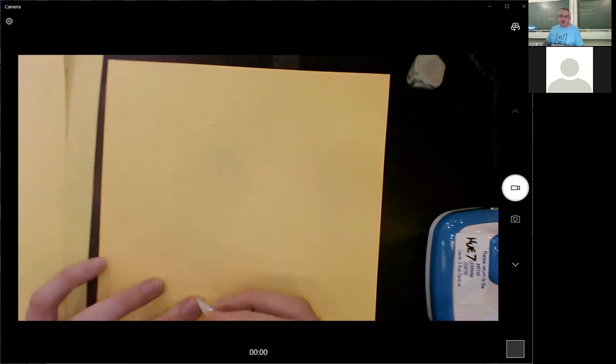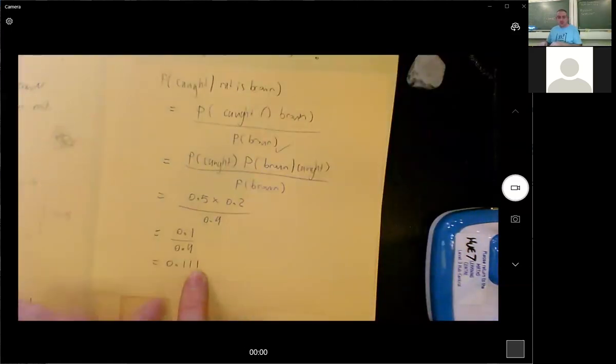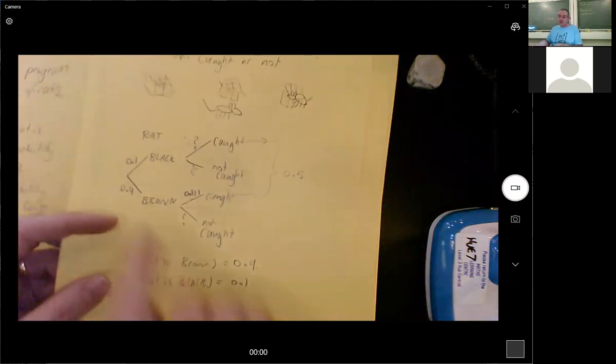I could have done it as a Venn diagram. Is this the correct answer? Right. So I was making it more complicated than it needed to be by trying to think of the story, but I still like the story.